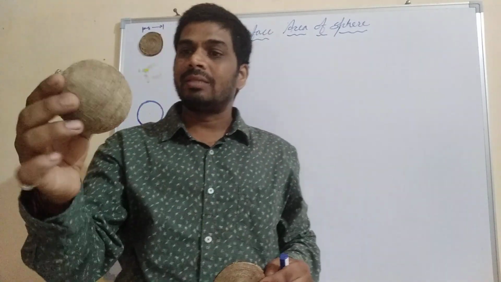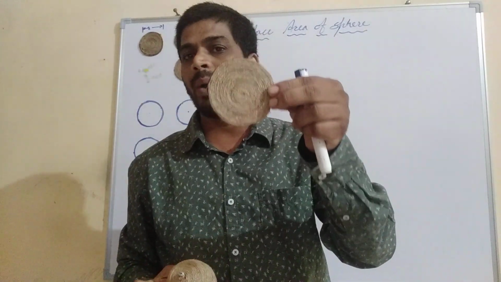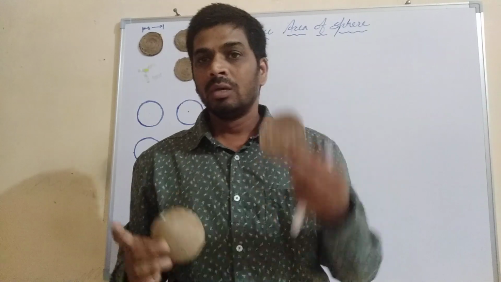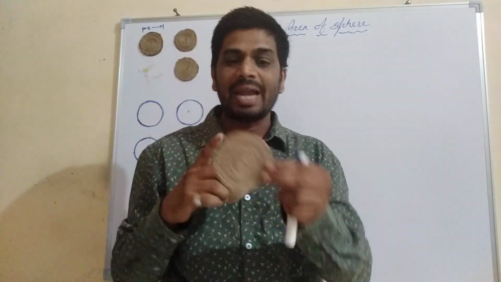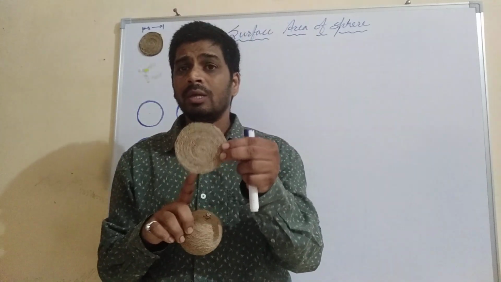You know that by this thread we made 4 equal circles, and we know that the area of each circle will be pi r square.